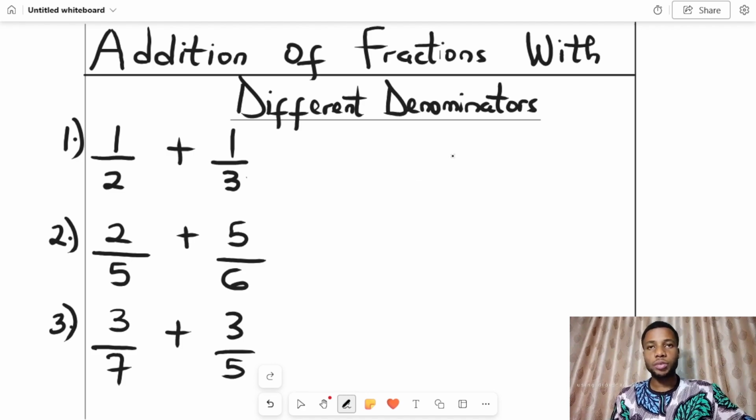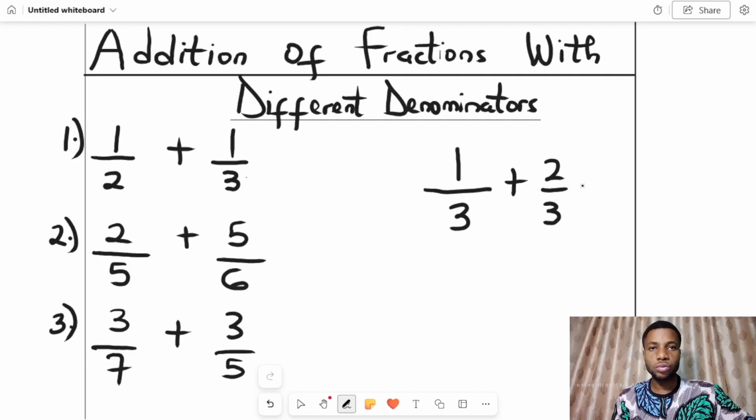Most of you, whenever you are asked to add two fractions whose denominators are the same, that's easy peasy for you. For example, you have 1 over 3 plus 2 over 3, and you're asked to add them.